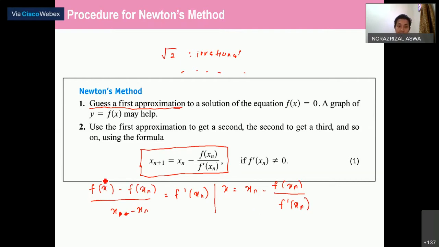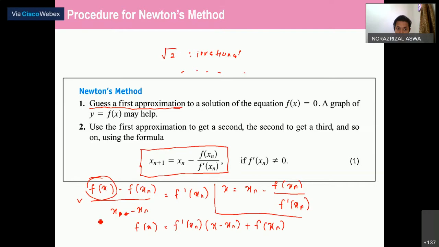So where did f(x) disappear? If you try to do it again, you actually have f prime(x_n) times (x minus x_n) plus f(x_n) equal to f(x).